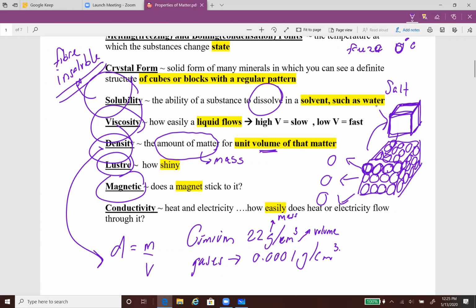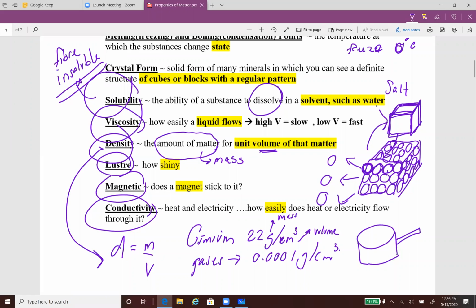If you remember the last time when we talked about the periodic table, we looked at metals. And one of the properties of metals is that they're conductive in terms of heat and electricity. What that means is that heat and electricity can easily flow through metals if it's conductive. Now that makes sense because, if I have, for example, a pot, usually my pots are made out of metal, right?